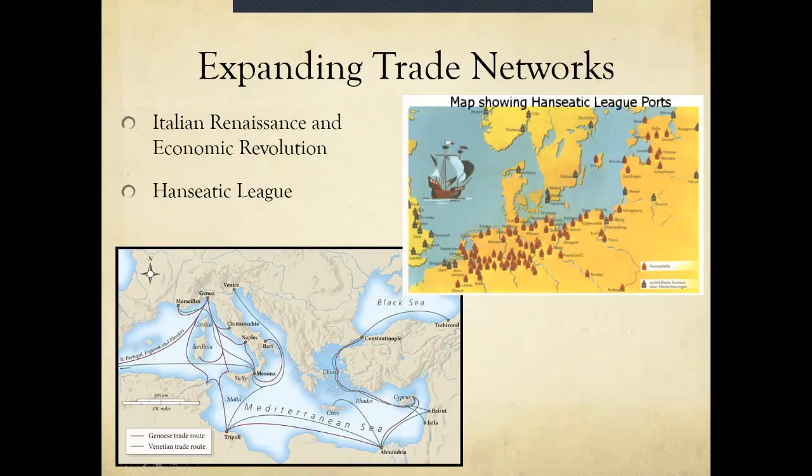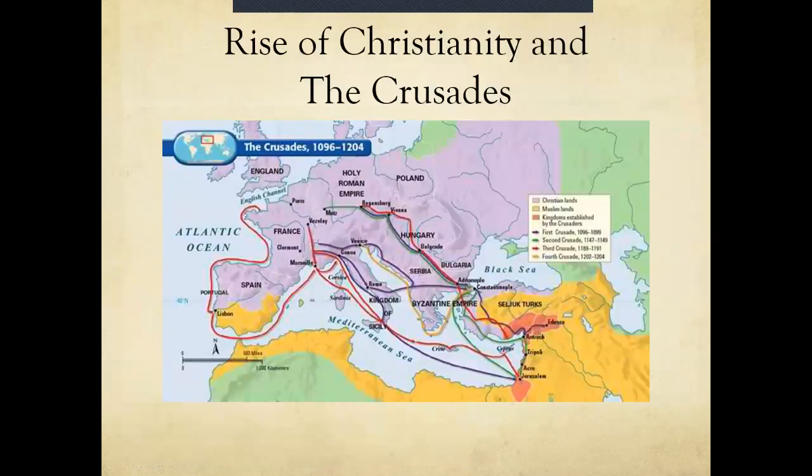And by linking up together and forming these trade networks, these trade leagues, then they were able to work together to further all of their causes and not be taken advantage of by the Italians, who were already very well established here. The rise of Christianity that is going to challenge the Catholic Church and the Crusades that are trying to prevent the spread of Islam as it was developing here in the Mideast and then moving in through North Africa.